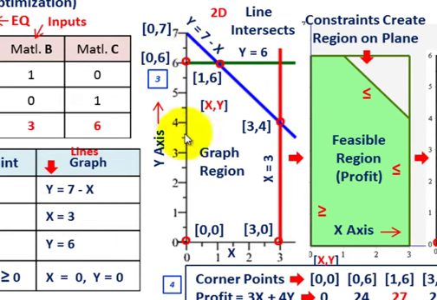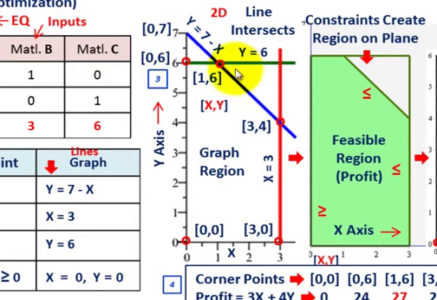And then we had our 0 and 0 point. And this other one was x is equal to 3, y is equal to 0. Okay, so back to our line y equals 7 minus x. When we had x equal to 0, that leaves y equal to 7. So that gives us x 0, y 7 at this point.